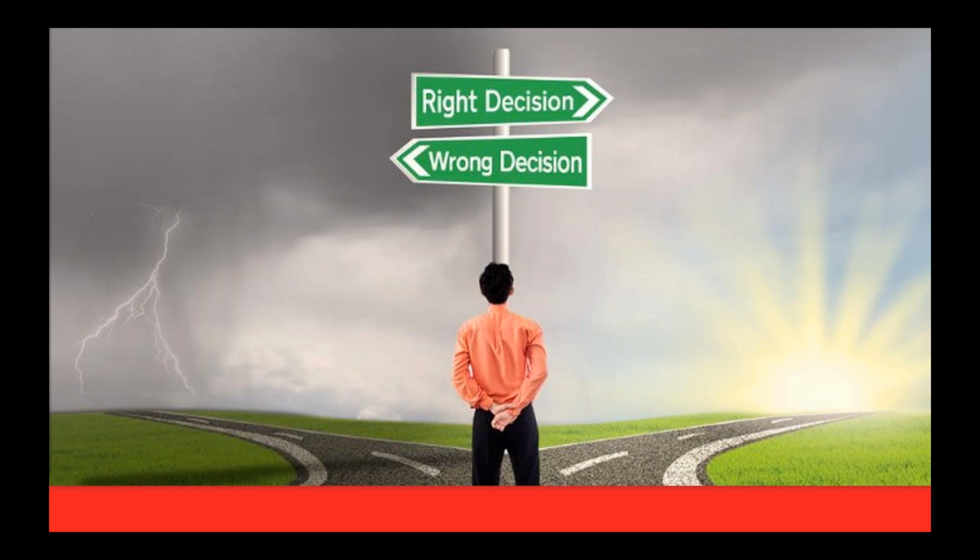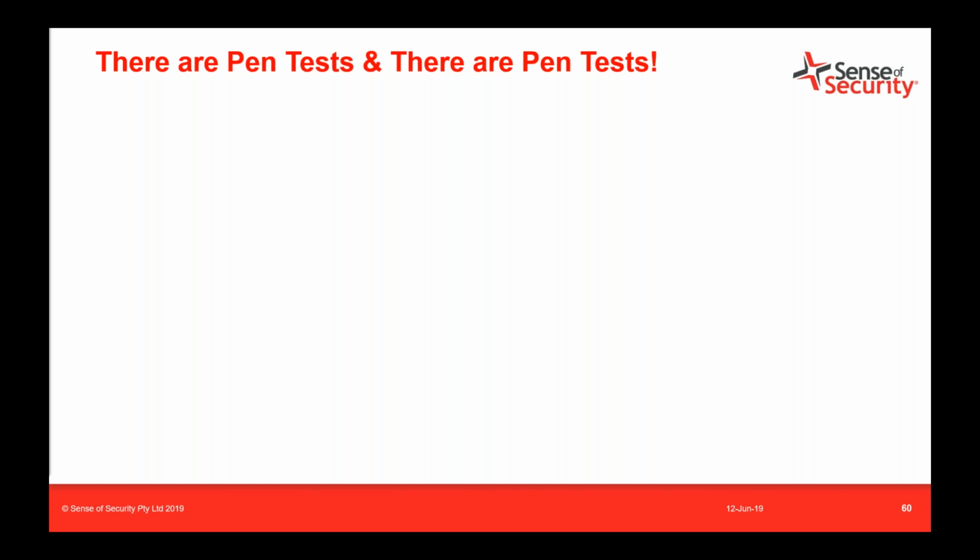Clearly, as we've demonstrated here, performing a penetration test on a monolithic stack is a very different undertaking from performing a penetration test on your modern, highly distributed microservices technology stack. That's why we say there are pen tests and then there are pen tests. And you've got to really identify what sort of budget and capability you're seeking to engage in the marketplace.